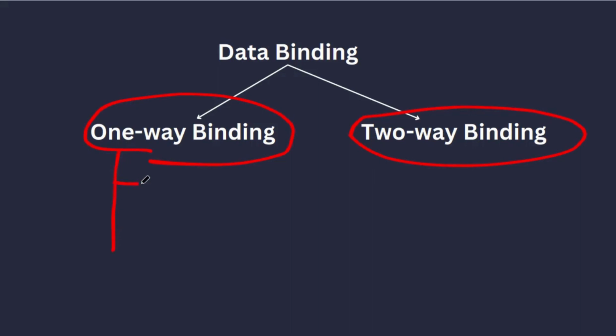One-way data binding is when we pass the data from the class component to the view, which is also called data binding, and we can achieve communication from view to the component class using an event.